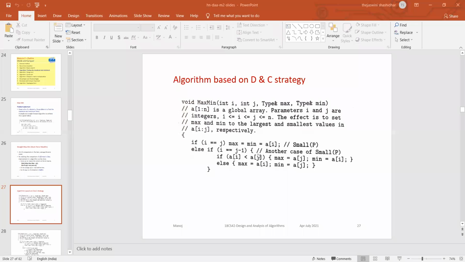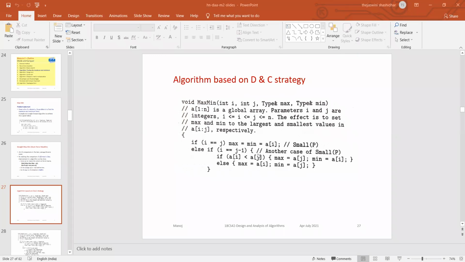Finally, someone has given the answer. I is at the location before j. So I will have one element and j will have one element. So how many elements? Two elements are there.